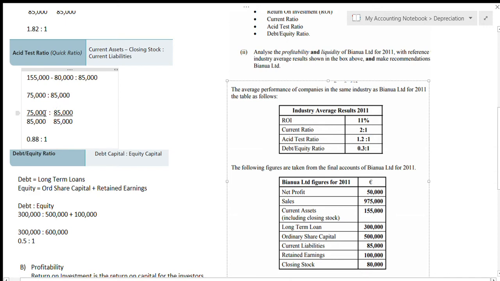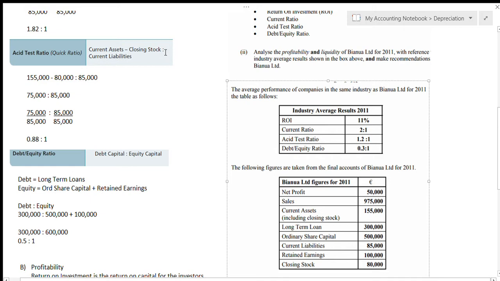I had previously said about dividing by the smaller one, so that you can find the simpler 1 to something. But I had forgotten that the way they mark it for Leaving Cert business is to have the first ratio in relation to the second one. So it's not just about simplifying to have 1 to 1.16 or something like that. They specifically want you to show it in relation to the second one: current assets minus closing stock in relation to current liabilities.